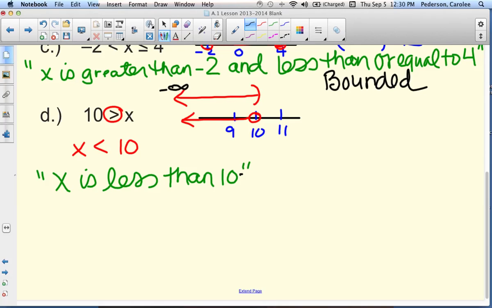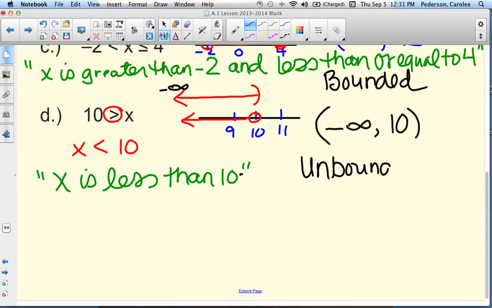Now to write this as an interval, the farthest left is -infinity, comma, the farthest right where it stops is at a little before 10. Parentheses here, parentheses there. This is also considered an unbounded interval because it goes off in the left side to -infinity.